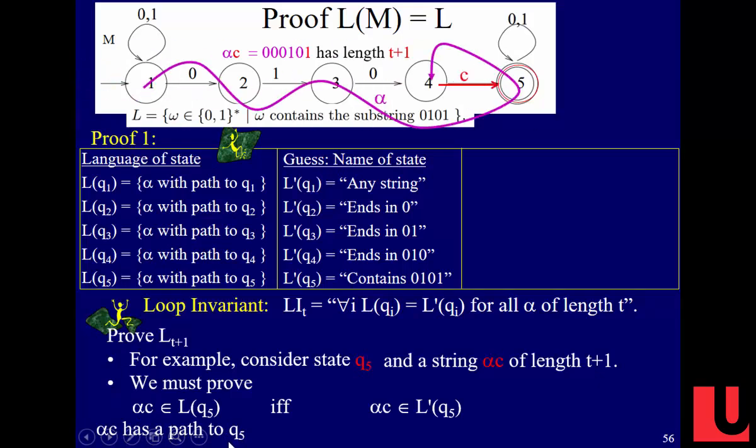And this says, there it is, AC has a path to state 5. So here's our path. I just made the last edge red because it was the C that we're reading. So the alpha is reading this much, and the C is reading that much.